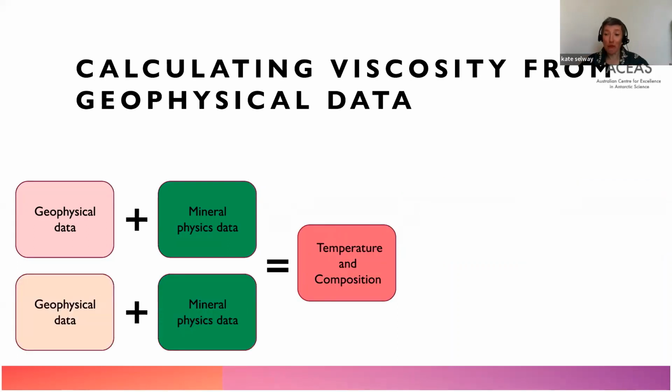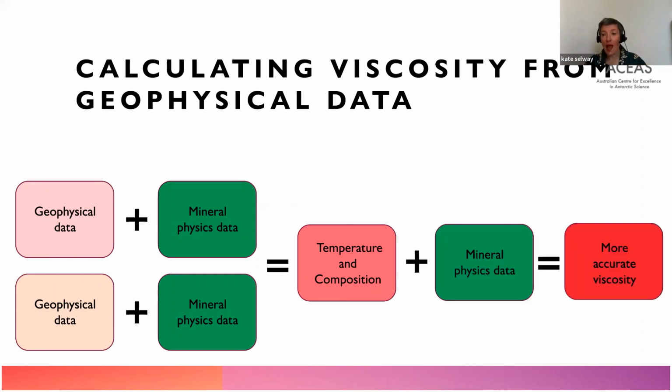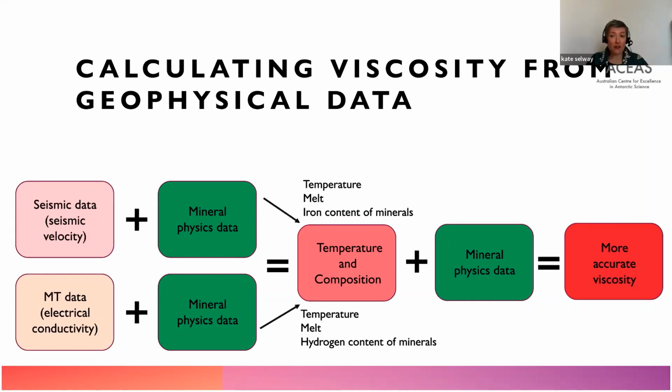So by adding in more data types, we can produce more constrained temperatures and compositions of the Earth, because each of those things has its uncertainties and trade-offs, but when we combine them together, some of those cancel out and we get a better constraint of Earth temperature and composition, and from that we can produce a more accurate Earth viscosity. So in our example, looking at these upper mantle depths, we have our seismic velocity and electrical conductivity from MT. They respond to slightly different things.